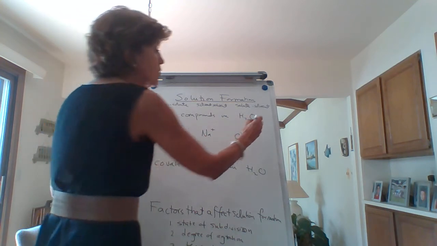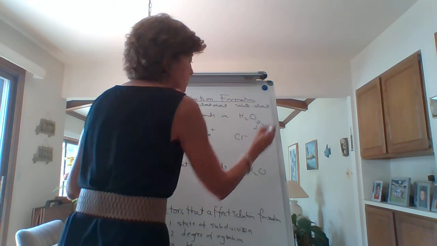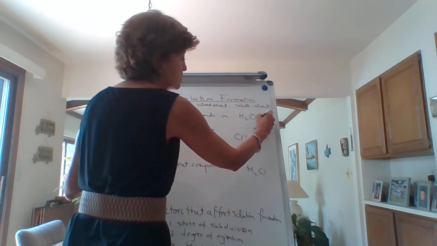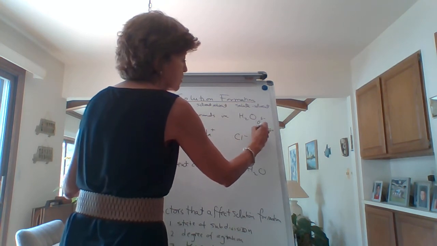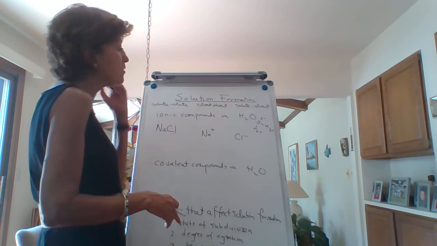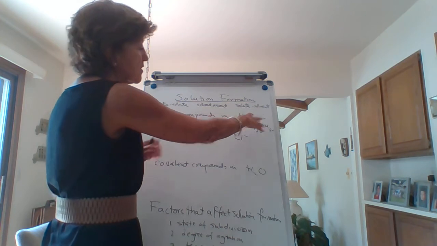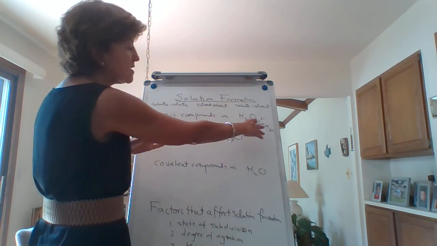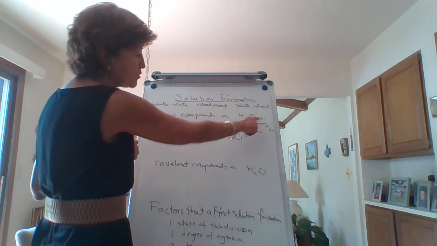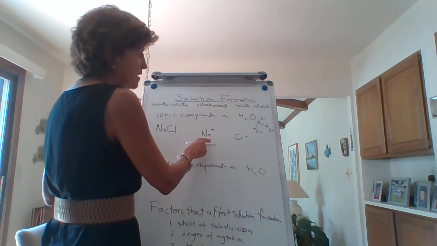All right, remember what water looked like from earlier chapters. Water was bent, angular. Oxygen is more electronegative than hydrogen. This side is partially negative. These sides are partially positive. So that's the polarity of the molecule. So these are ionic compounds that can separate out into ions. And now the water molecule, the partial negative portion of it, is going to be attracted to the positive cation, the sodium ion.